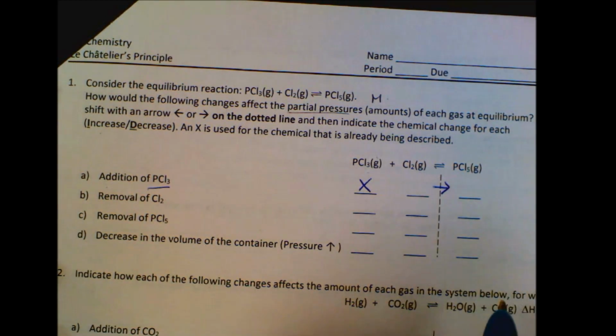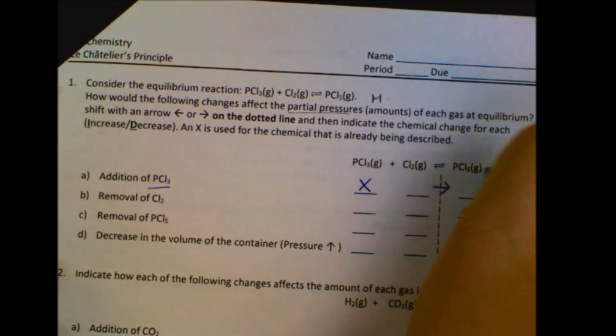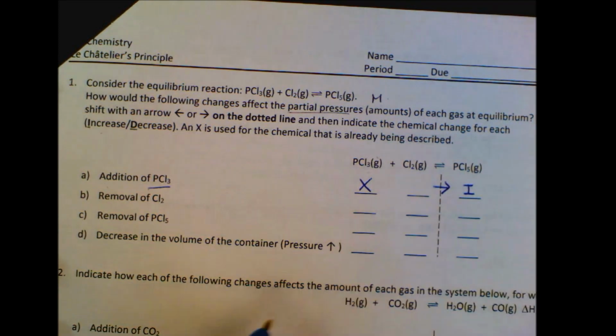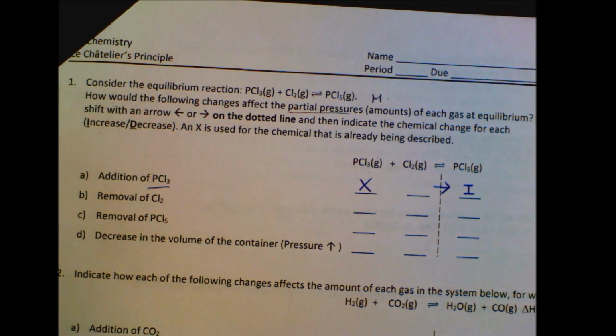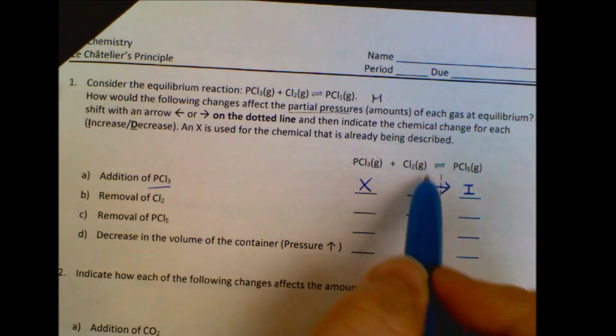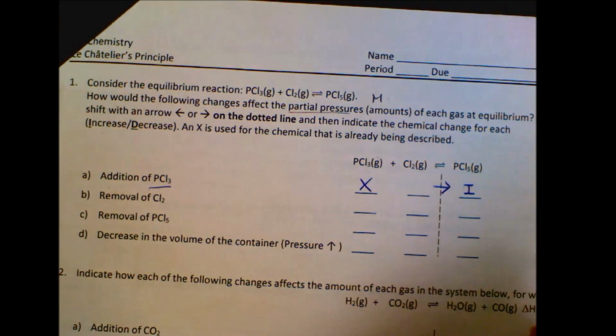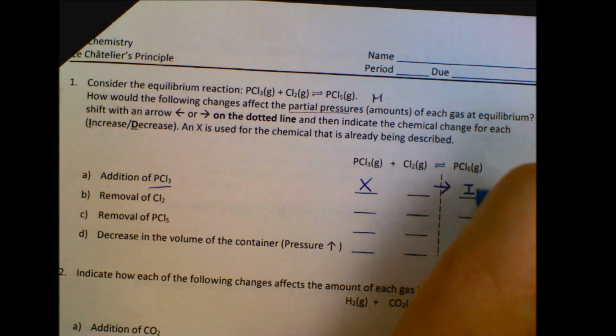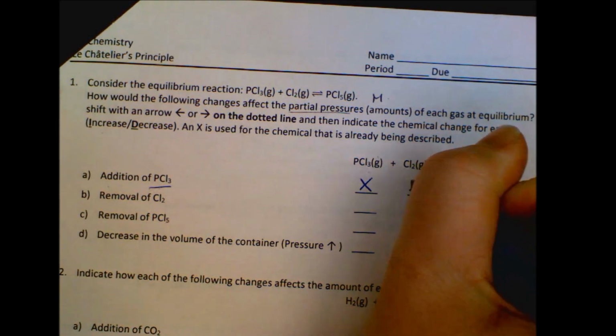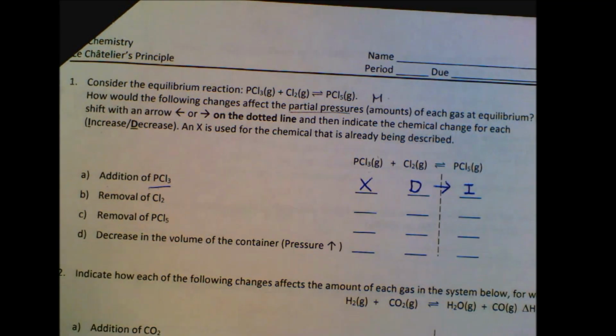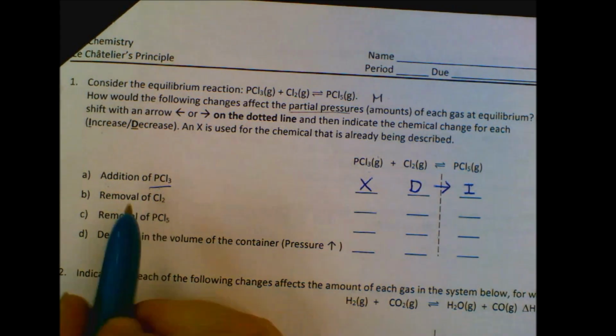Okay, it's going to shift towards the right, which means our amount on the right will increase. Okay, your arrow is always going to point to the chemical that's increasing, which means we're using up this extra PCl3 that we're adding and some of the chlorine that's already there to make this. So our chlorine is getting used up, it's going to decrease.